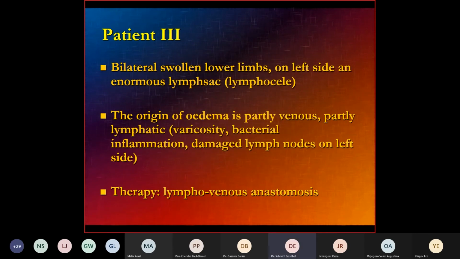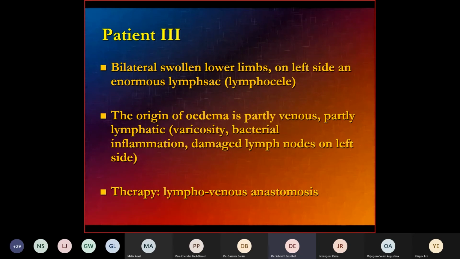The origin of the edema was partly venous, partly lymphatic. The patient had varicosity, and because of an earlier bacterial infection and inflammation, erysipelas, and the lymph nodes were damaged on the left side.